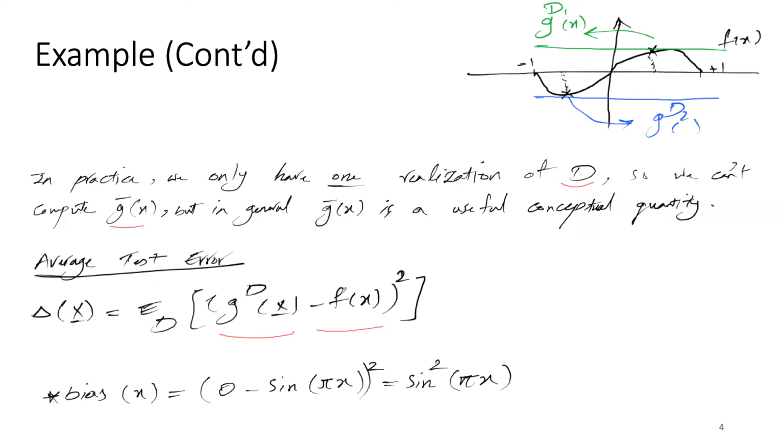In this case, for the case of your sine pi x, your bias would be 0 minus sine pi x squared, because the first value was 0. That was your g.